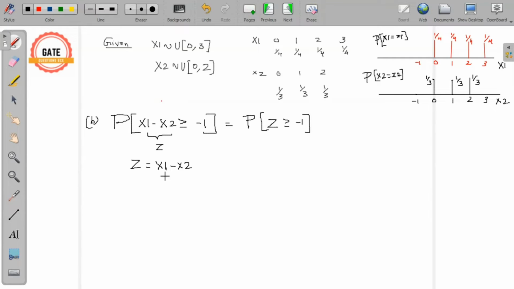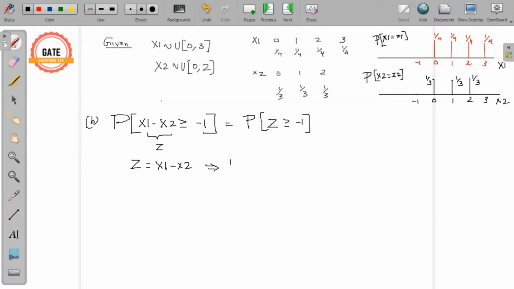So similar to part A, we know that for the difference of two random variables, the resultant random variable will have a p.m.f which will be equal to the discrete convolution of the p.m.f of x1 and the p.m.f of reversed x2. I will write it down here.